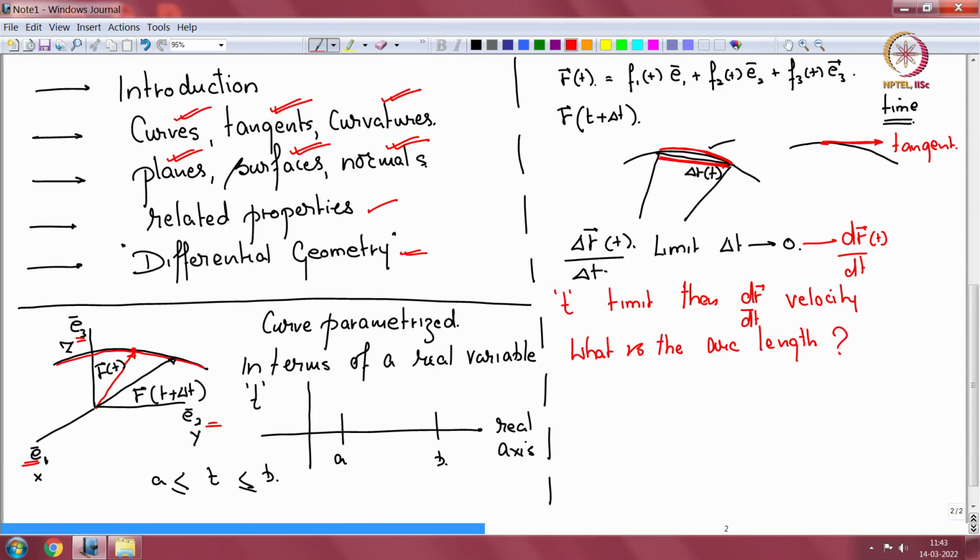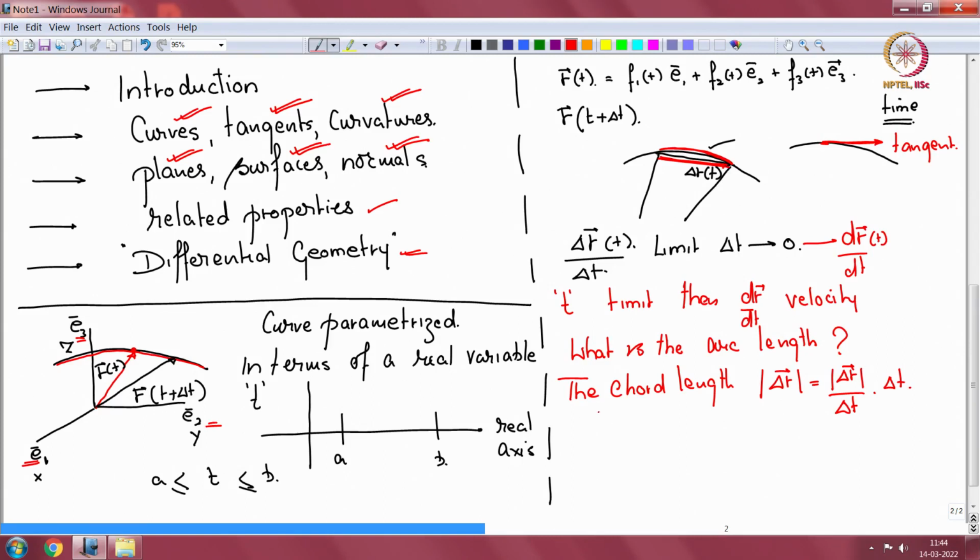We will arrive at it from the chord length idea. The chord length delta r is equal to delta r magnitude by delta t into delta t.